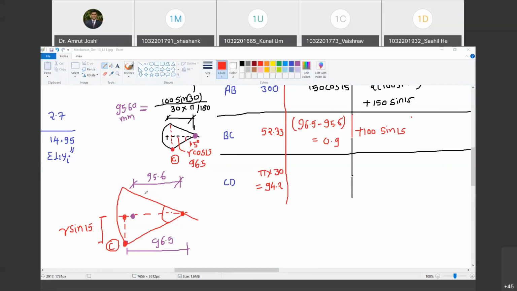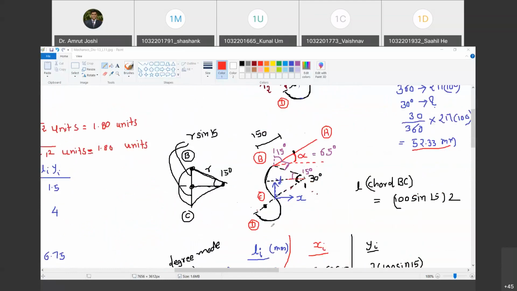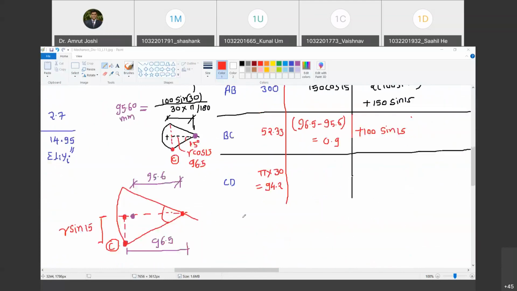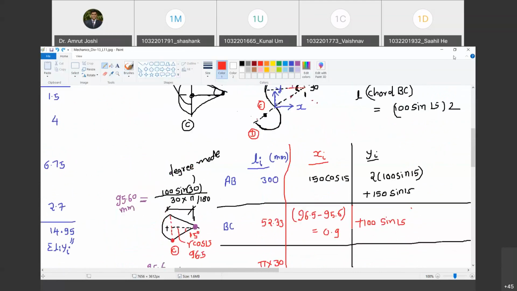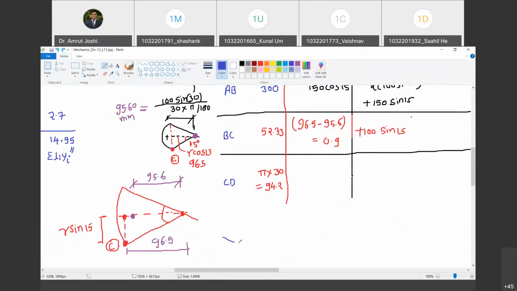Right? Now let us work on portion CD. So CD is a half circle, semicircle. Agreed? So I am going to draw this. This is CD, portion CD. Are you with me?